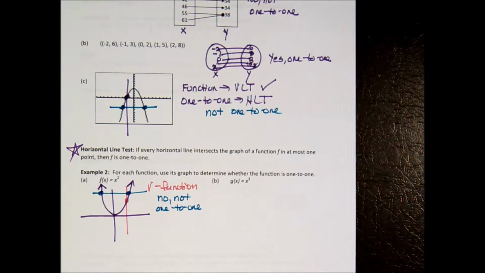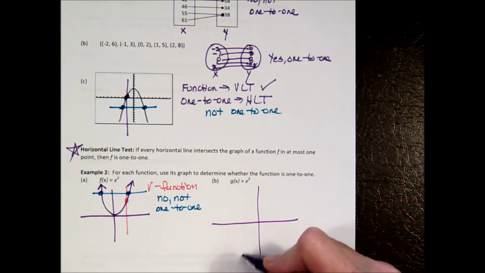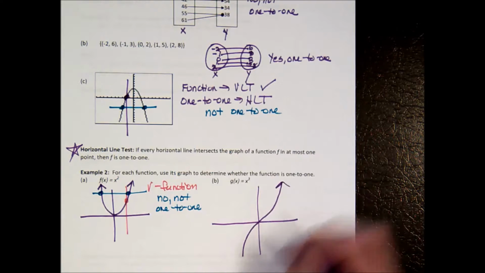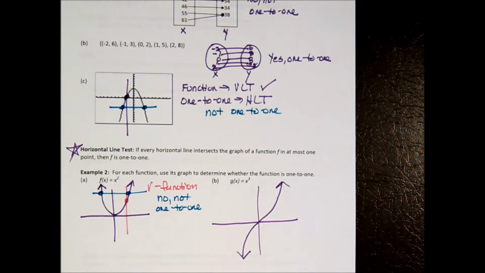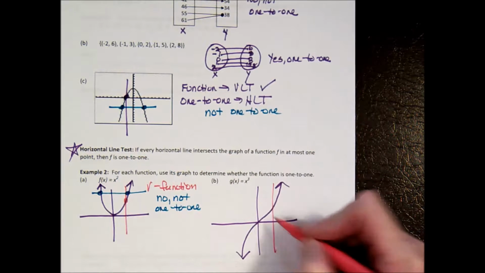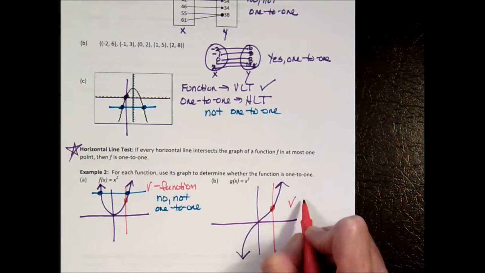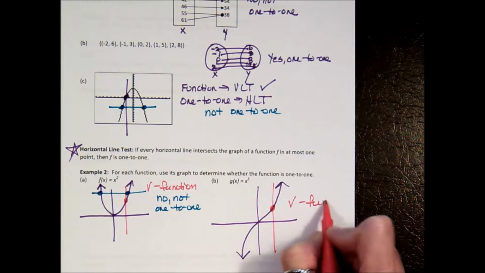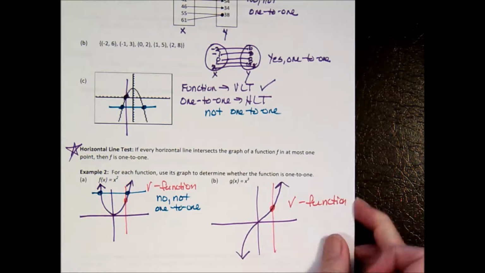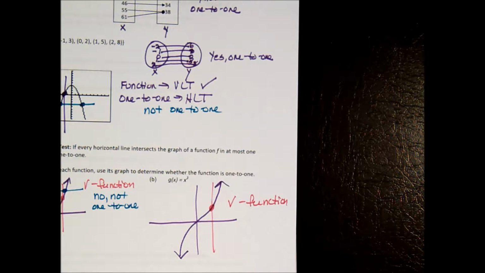g of x equals x cubed. So that one looks something like this when you graph it. It should be symmetric, but mine isn't. If we want to check and see if it's a function here with my red pen, yes, it is a function. And now if we want to check to see if it is one-to-one with the blue pen, I'm going to do a horizontal line.